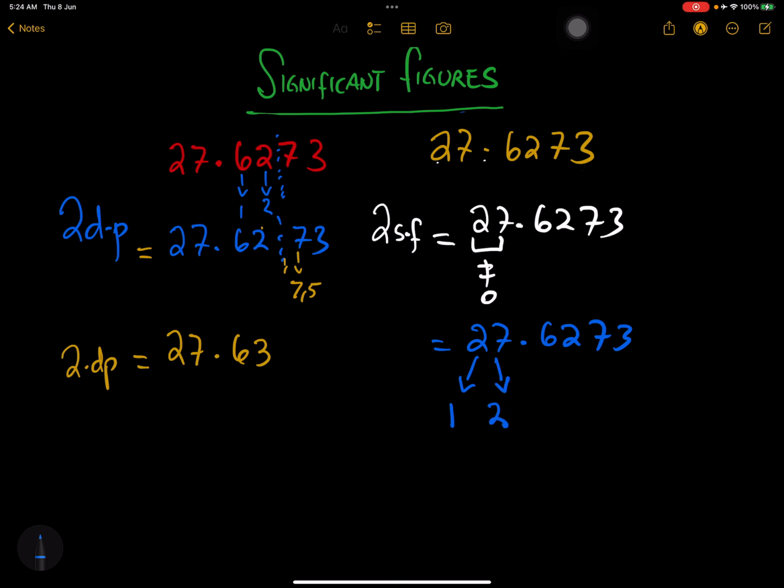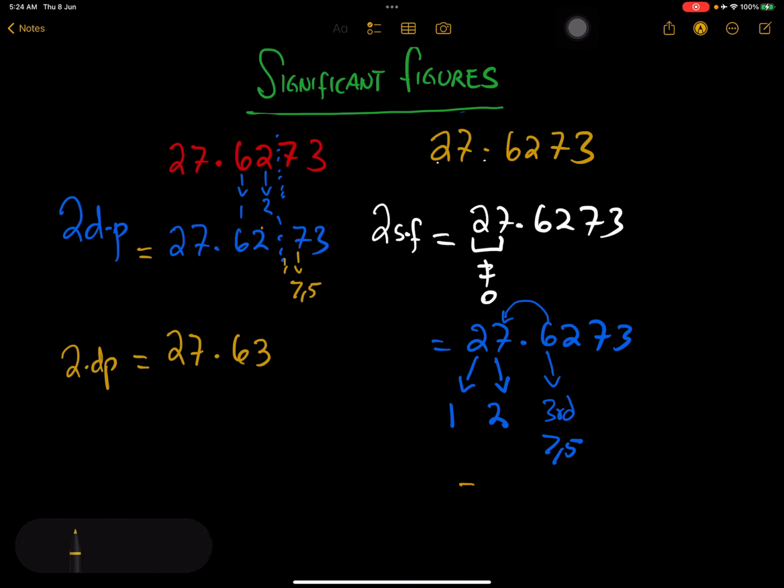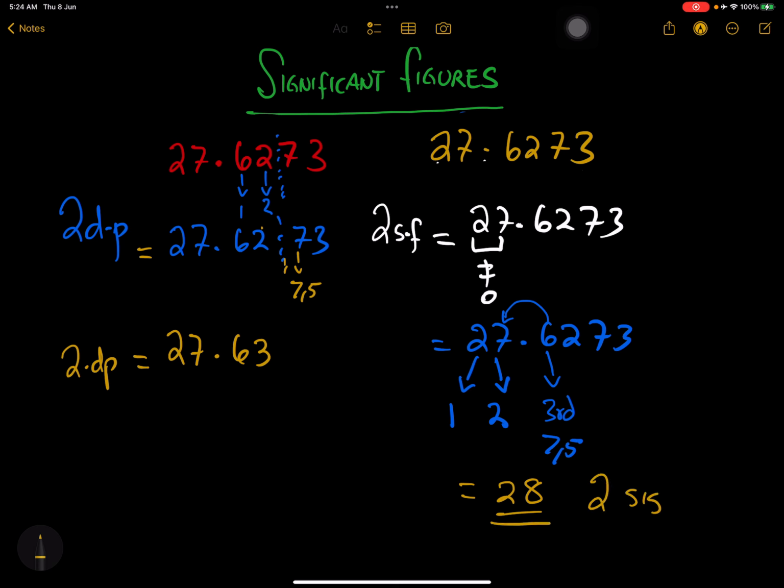But the number next to the second significant figure, which is the third significant figure, is more than 5. Therefore, we can add 1 here so that our answer will give us 28. And then we are into sig figs.